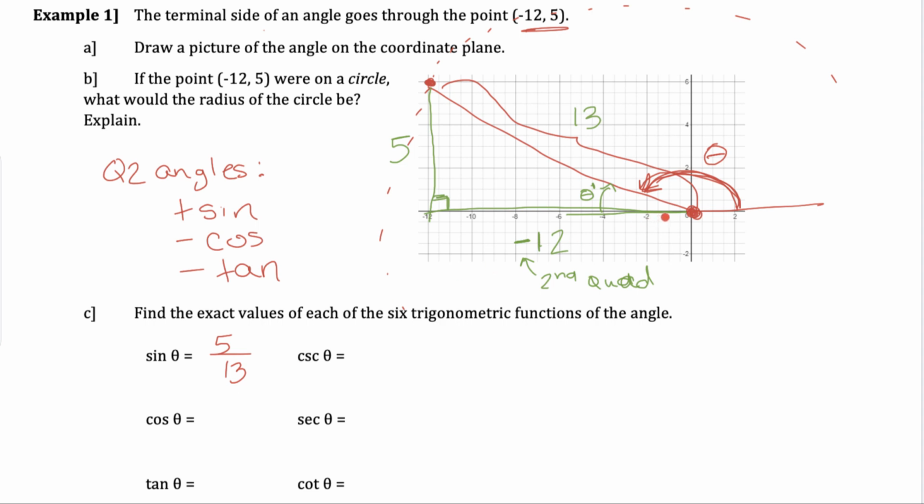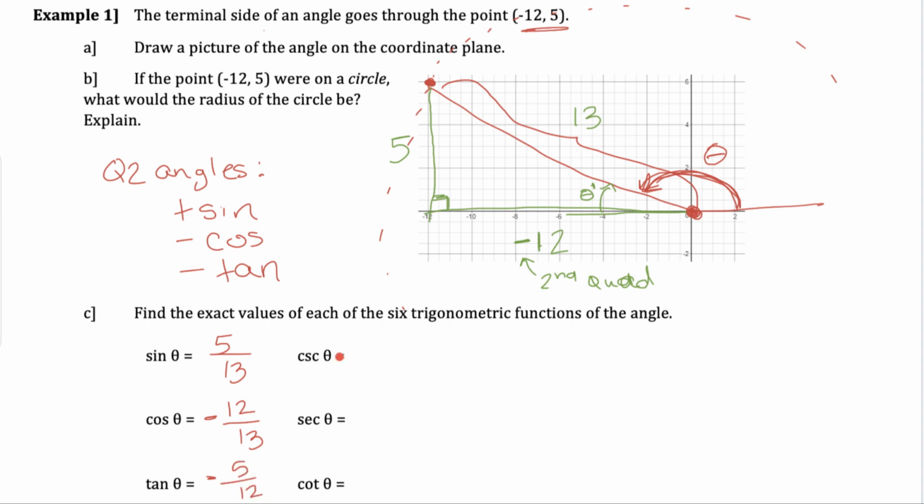Our cosine is going in the negative direction, adjacent over hypotenuse. So we're going to make that adjustment for being in the second quadrant, and we're going to call it negative 12/13. And our tangent, opposite over adjacent, again, because our adjacent side is going in the negative direction, we're in a quadrant 2 position, we're going to call it negative 5/12.